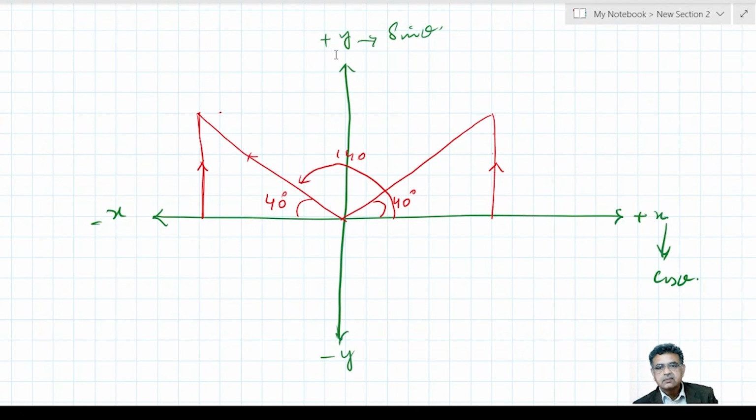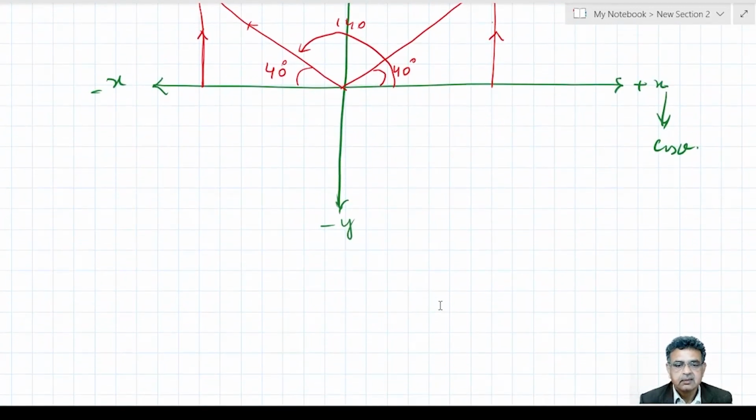Or as y is related to sine theta, this is the value of sine theta. And same magnitude, same height, everything is the same on this side. So for the angle 140 degrees, it is the same. So then we can say that sine 140 degrees, its value is the same as sine 40 degrees.